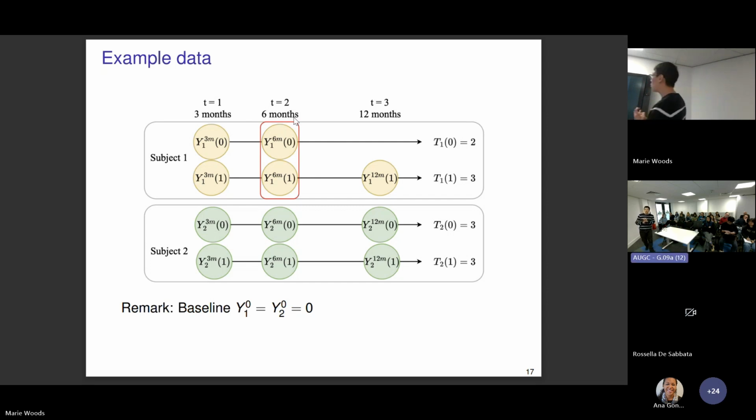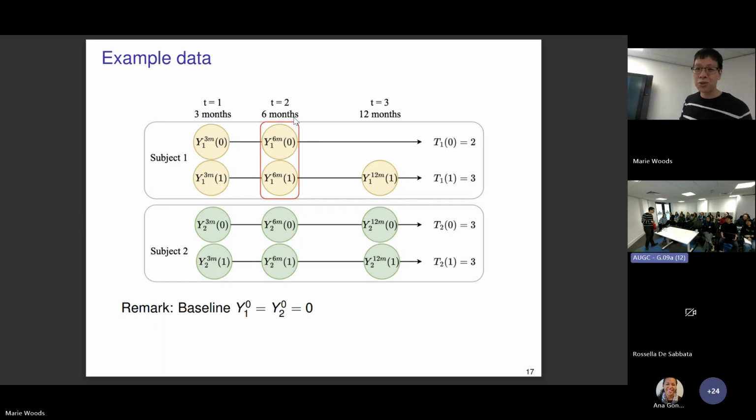Recall that if we were to estimate SACE, then we'd only be looking at the effect for the second subject. Because if you only look at the 12 months data, the second subject will be an always-survivor, and the first subject will be a saver, so they will only survive under treatment, and their Y will not be defined.